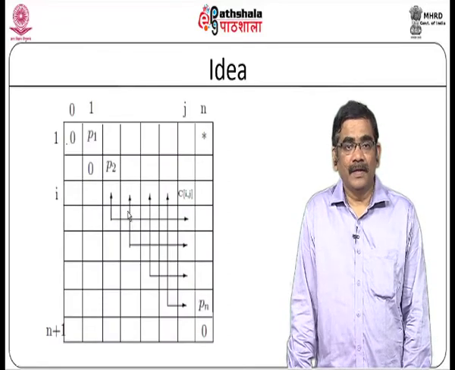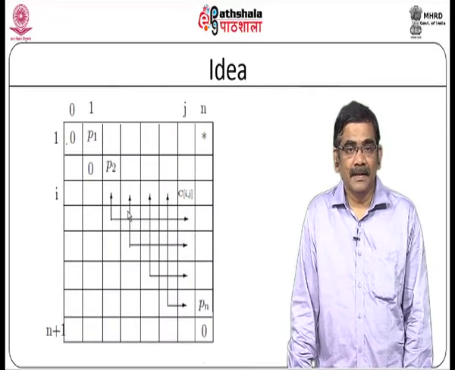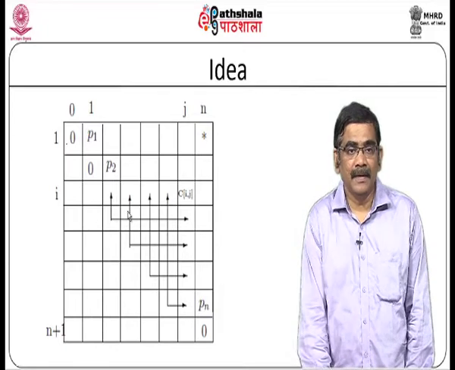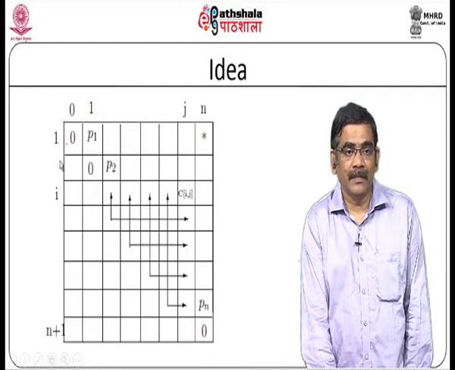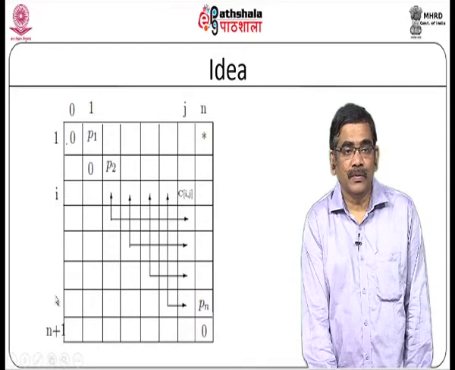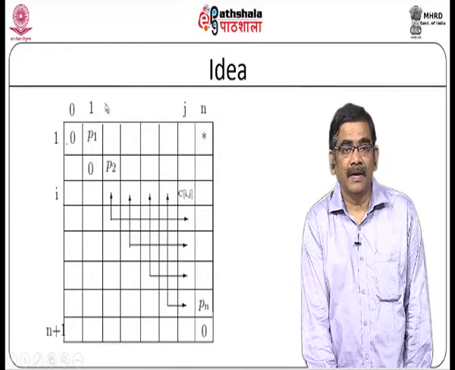So, finally, when you develop a table like this, you can see that on this side you have i, and on this side you have j.